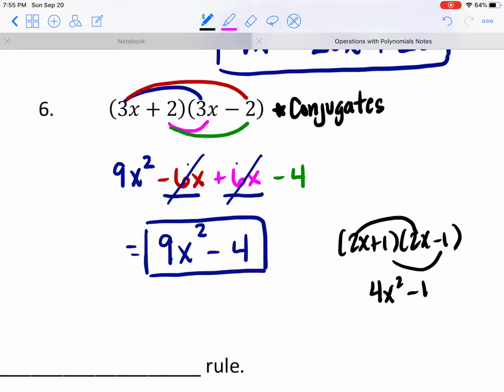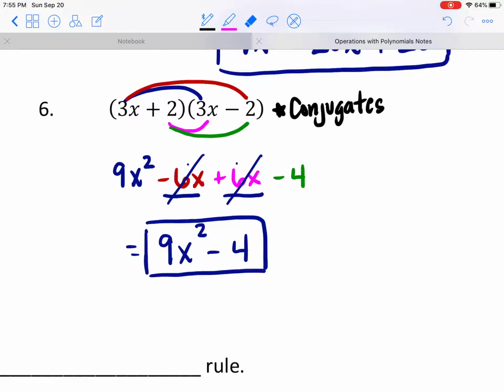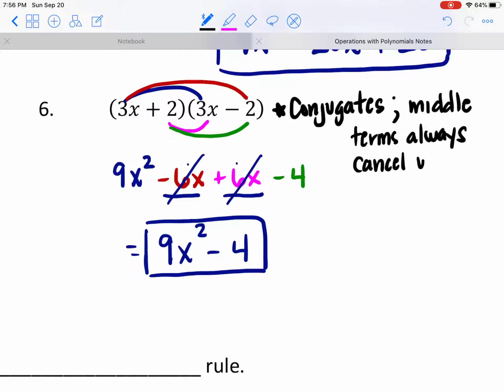And again, we're going to see this a lot, so if you can remember it, it will save you some work, but that is, again, nice to know stuff, so don't worry about it. So the product of middle terms always cancel when you multiply conjugates. Middle terms always cancel when you multiply conjugates. Nice to know stuff, okay?